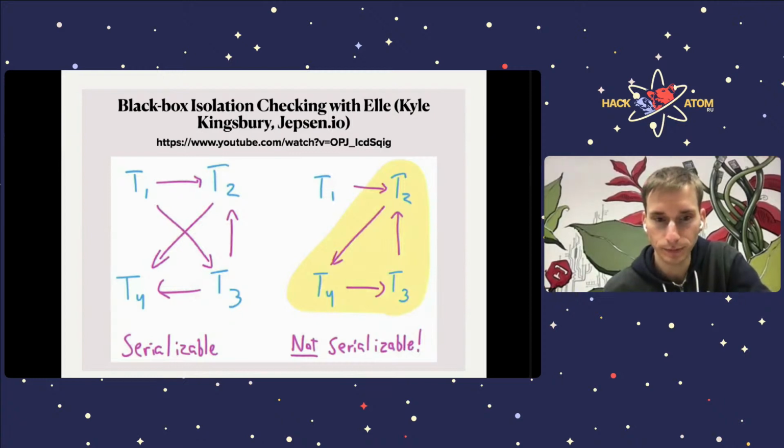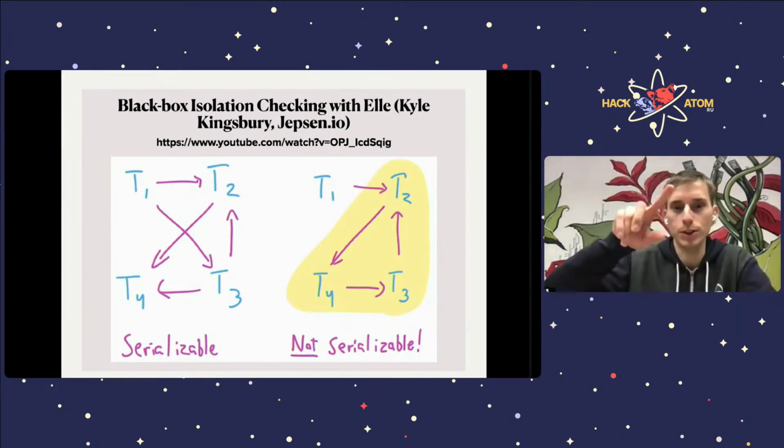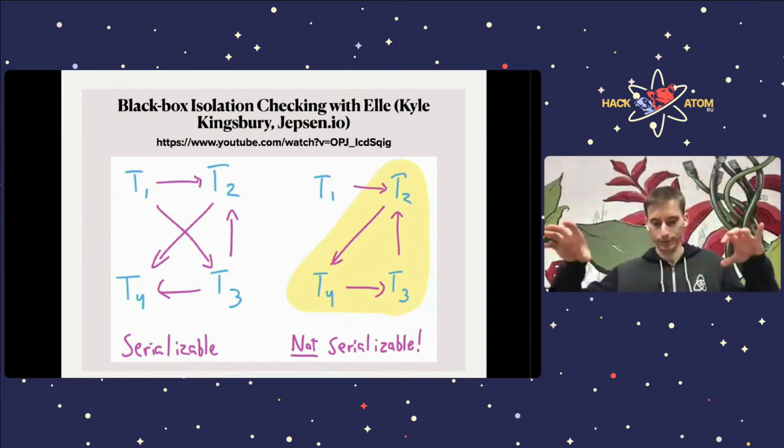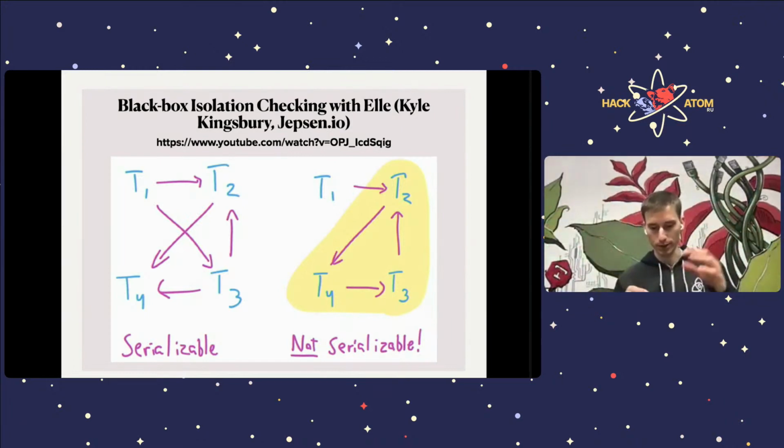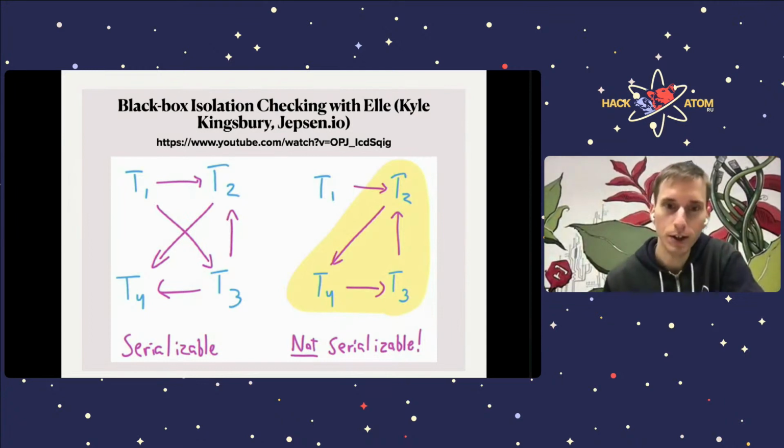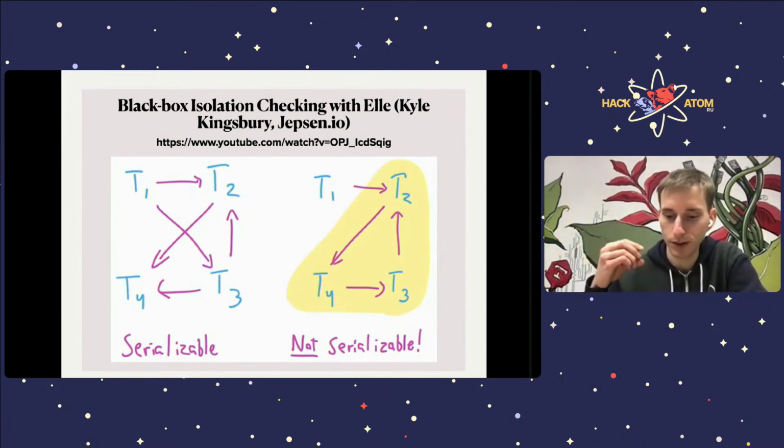What the verifier tries to do is go into this graph. You can consider this transaction history as a graph. And it tries to find a path in the graph that makes sense.